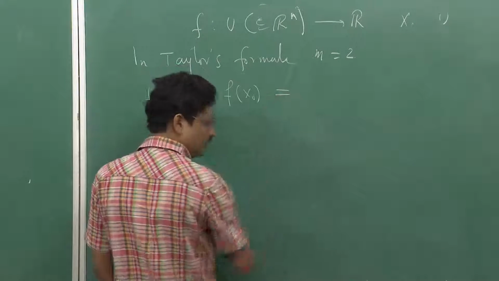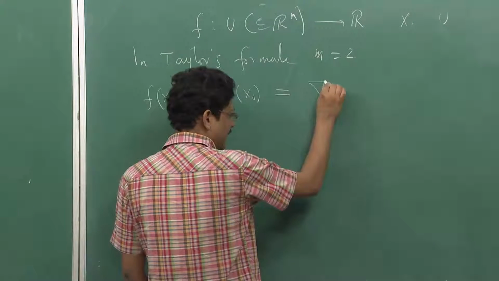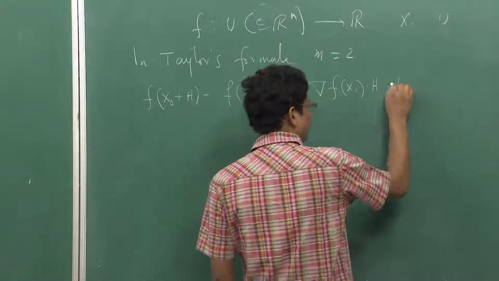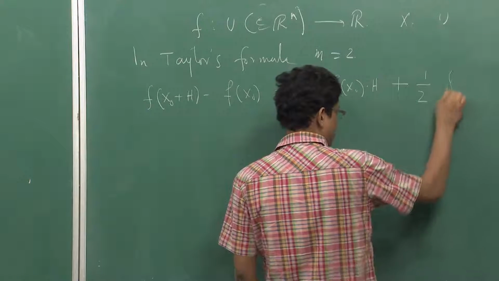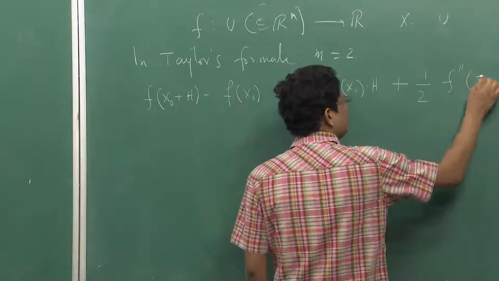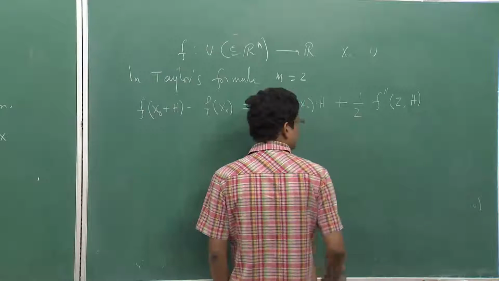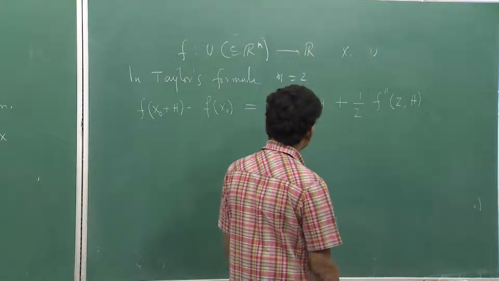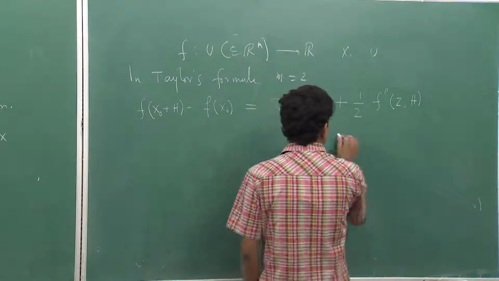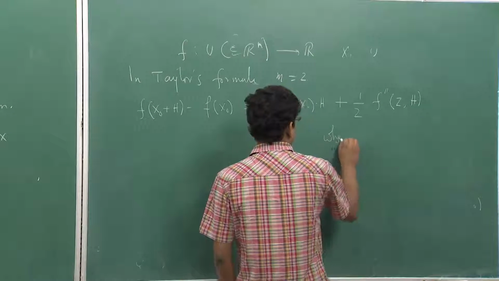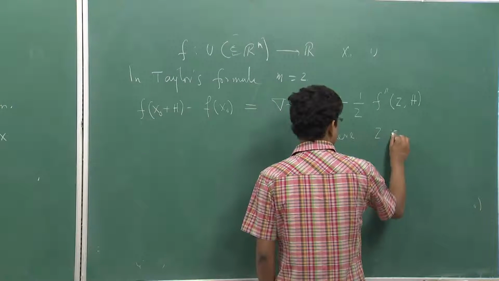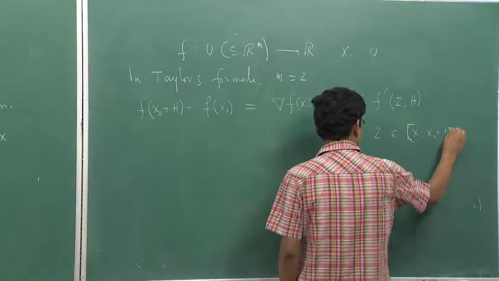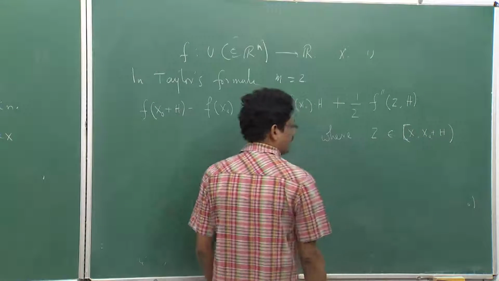If you recall, it is the summation, that is actually grad f at x naught dot h, plus half f double prime at z applied to h, right, where z is a point on the line joining x naught and x naught plus h, or the other way around, correct.